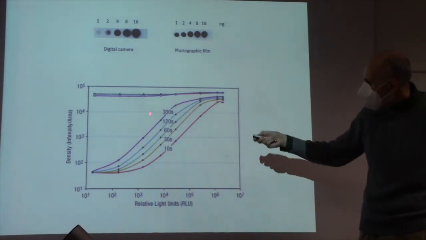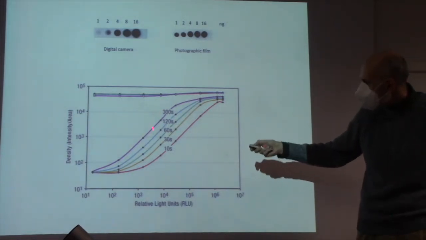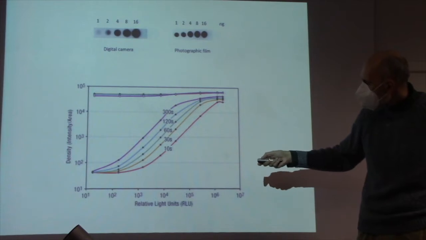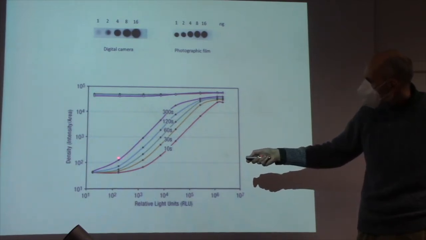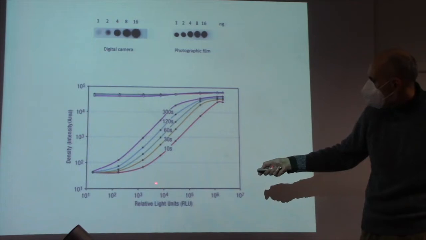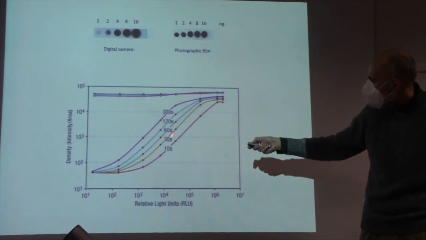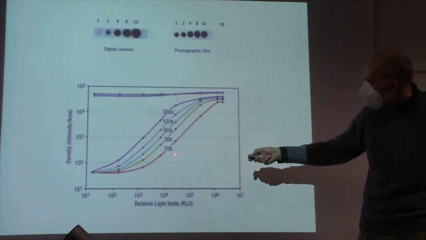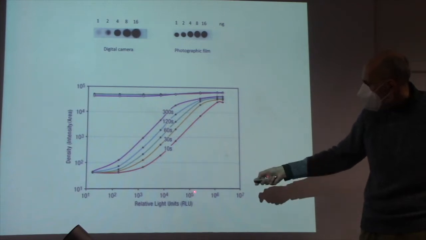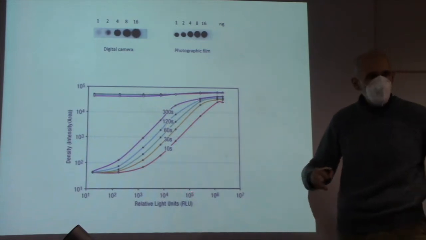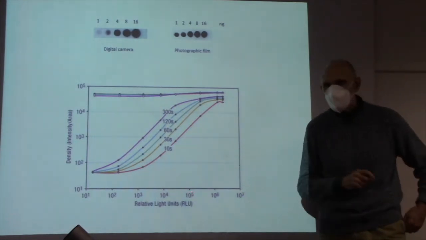In fact, if you vary the exposure here, the range is even wider, because if you expose for 300 seconds, the useful range, the linear range, is between 100 and 10 to the 4. But if you expose for a shorter time, then you can go up to 10 to the 5th. So clearly the latitude is wider.